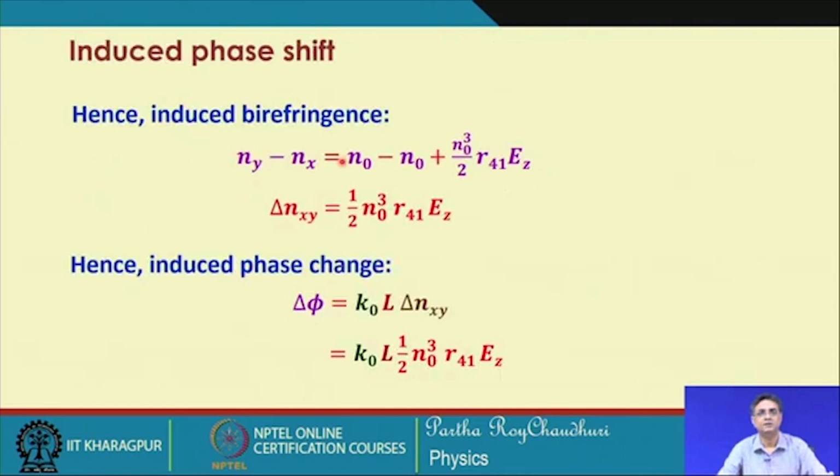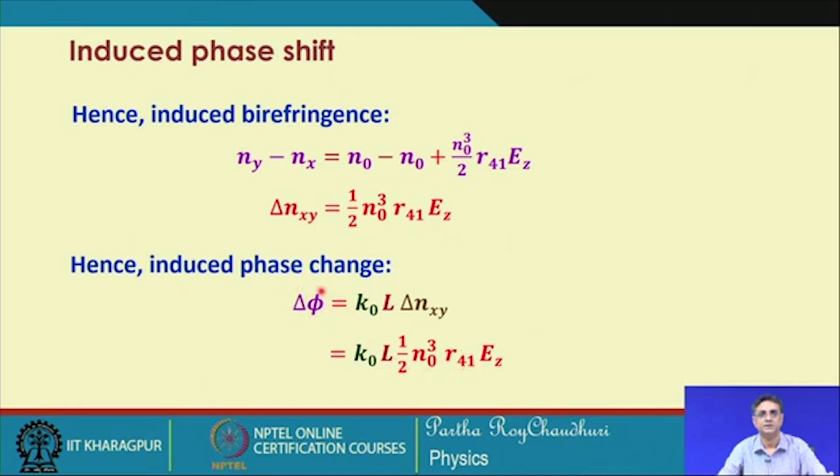So, this birefringence n y minus n x, these are the two refractive indices. So, the birefringence along the new coordinates, that is x prime and y prime, will be seen by this one, hence the induced phase change will be k 0 L into delta n x y, but delta n x y has this value.